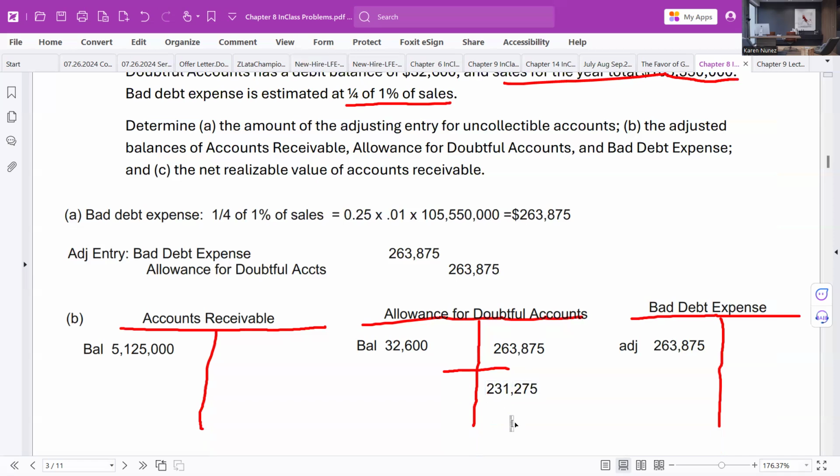That's the balance in that account. So the answer to part B, the adjusted account balances: accounts receivable is still 5,125,000, allowance for doubtful accounts is 231,275, and bad debt expense is 263,875.